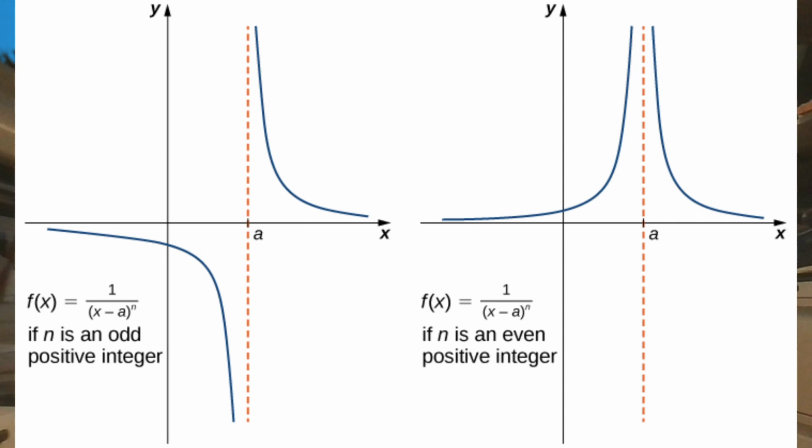In our second example here, the limit as x approaches a from the left side goes to positive infinity, and similarly the limit as x approaches a from the right side goes to positive infinity. So we can say that for this right graph, the limit as x approaches a of this function actually goes to positive infinity.